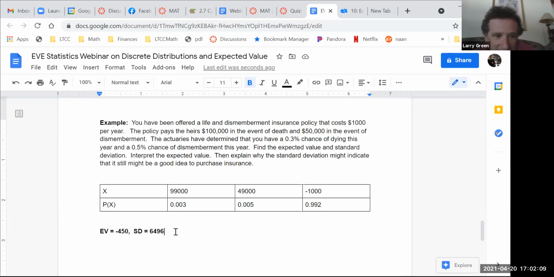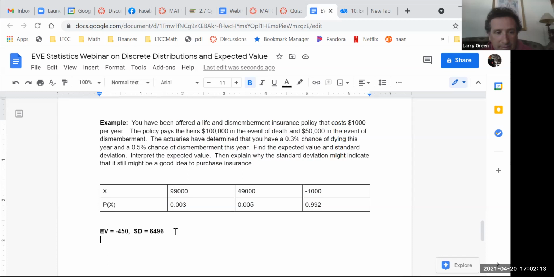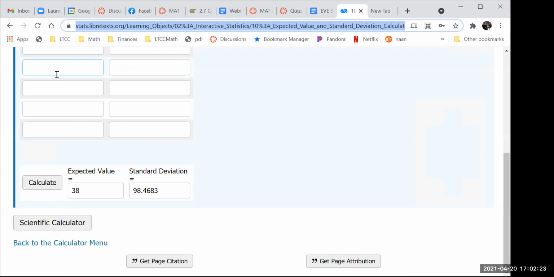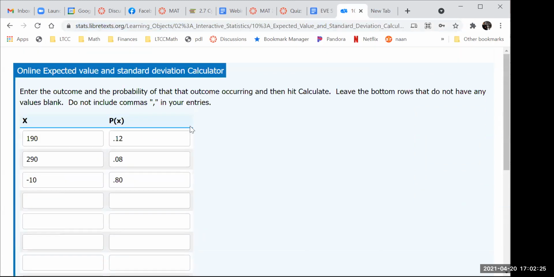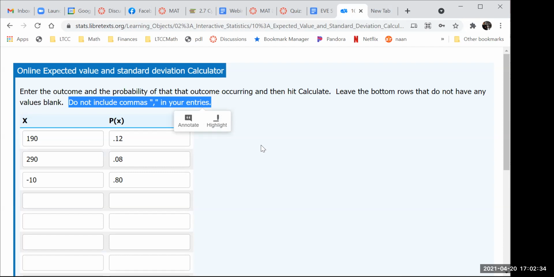Okay. Any questions on getting the expected value and standard deviation? Can you put it in the calculator for us? For some reason, it wasn't coming up, even though I put all the information in.